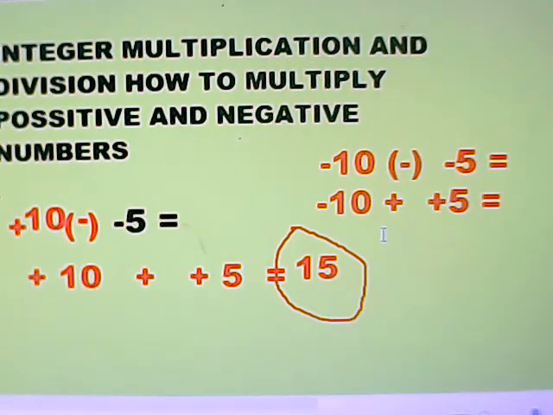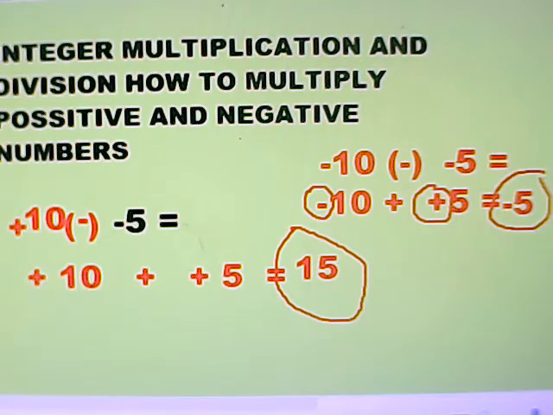So it will become negative 10 plus positive 5. So the answer is negative 5. Because it is negative and positive, you have to subtract. That's why the answer is negative 5.